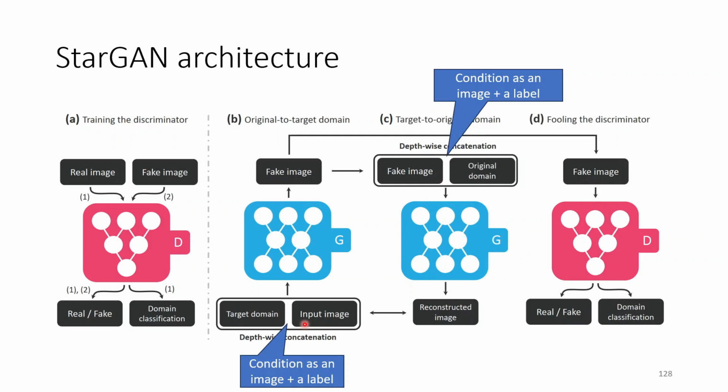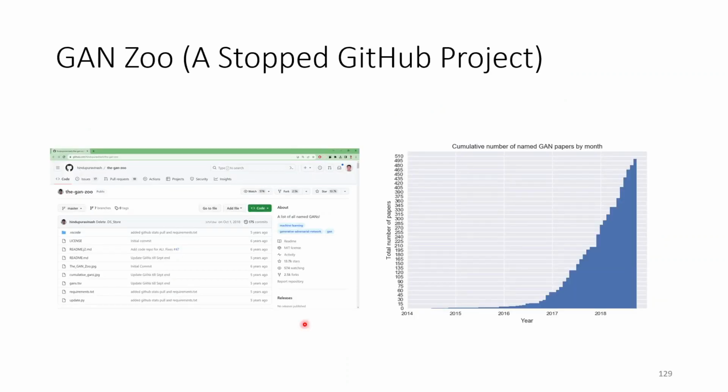This is published by another paper, and something interesting is, in the beginning, GAN was published in 14, right? And a lot of GANs were published. And somebody, in the beginning, wanted to list all of the GANs.